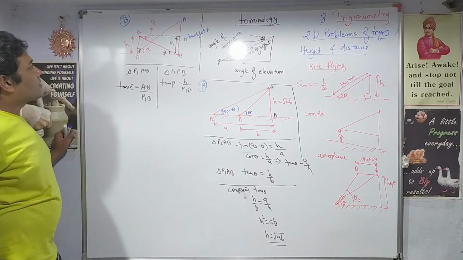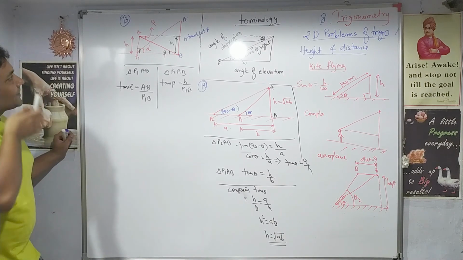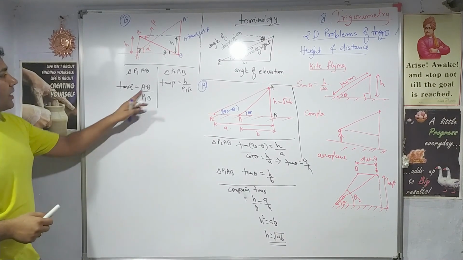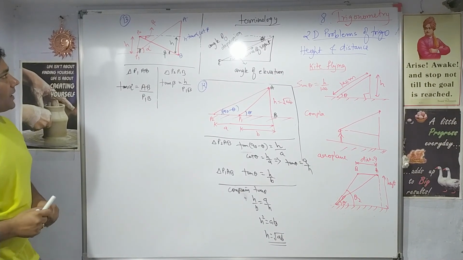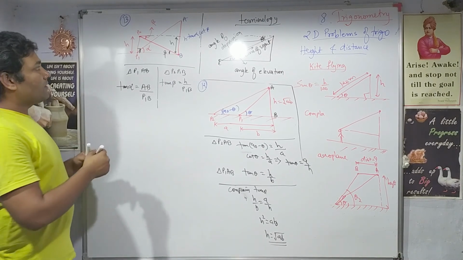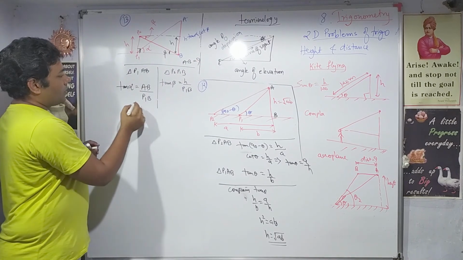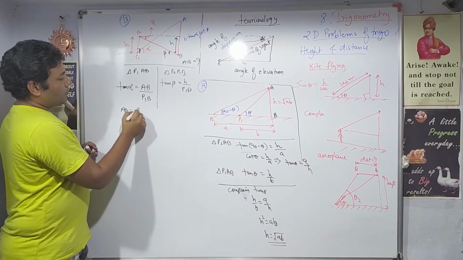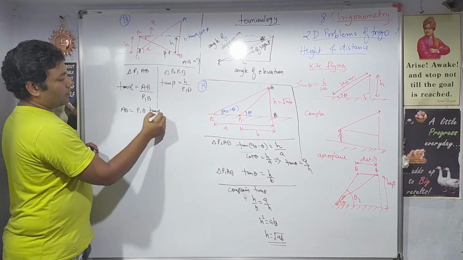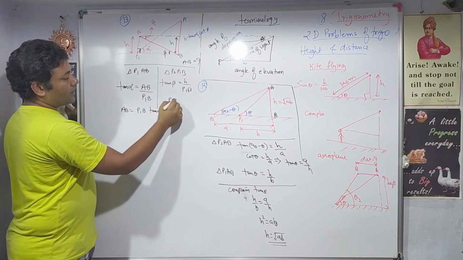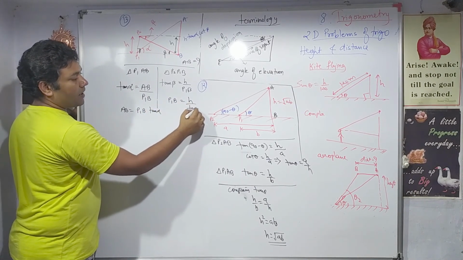So how to do this question? Tan alpha is AB upon P1B. Obviously we have to find AB, right? So AB will be equal to P1B into tan alpha. The value of P1B I can calculate here, that will be h upon tan beta.